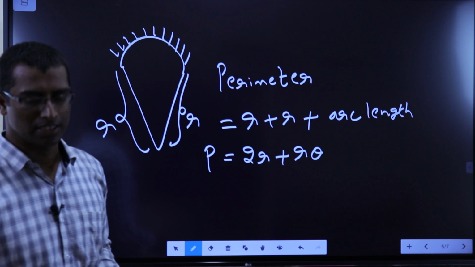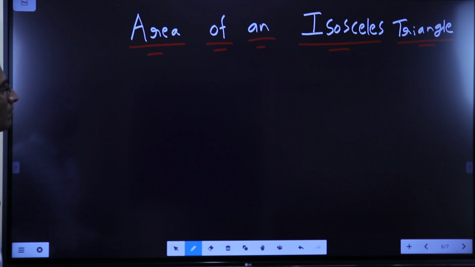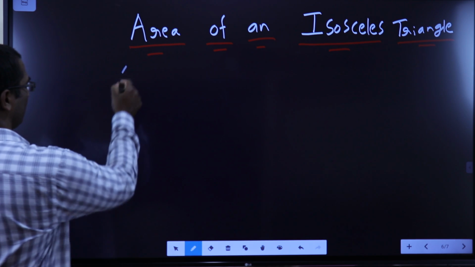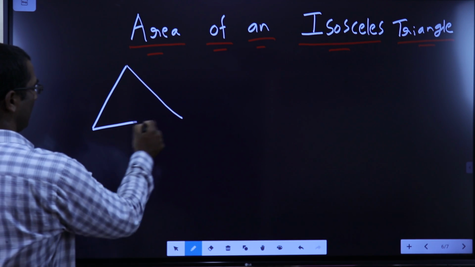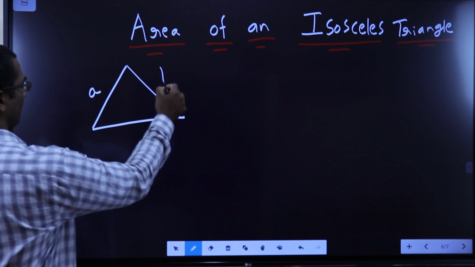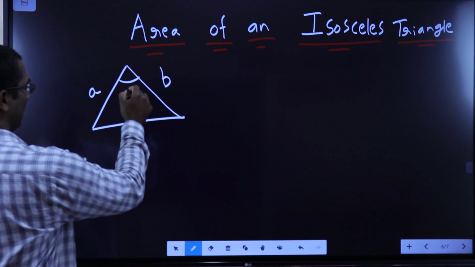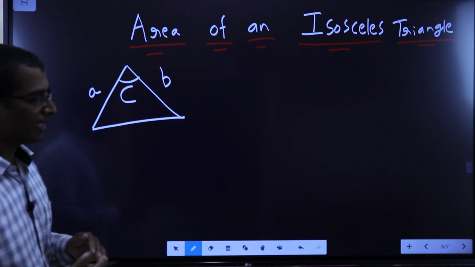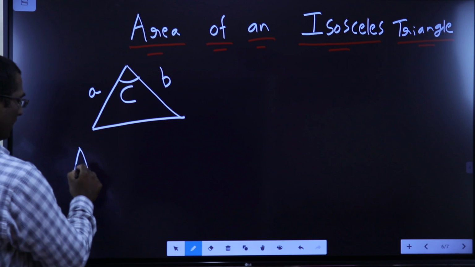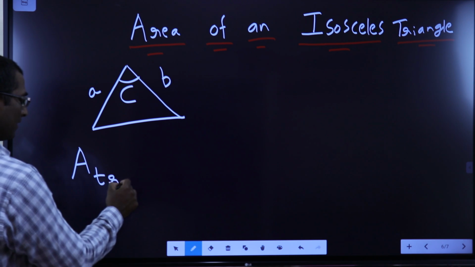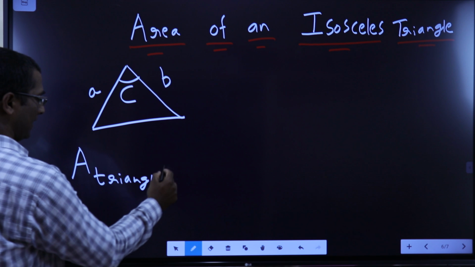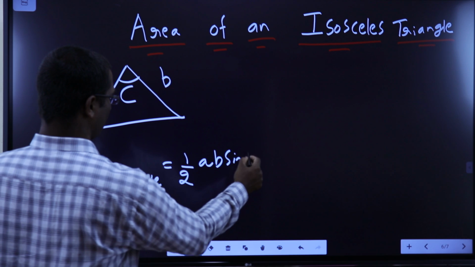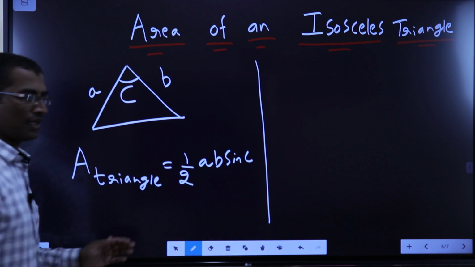Okay. Next one. Area of an isosceles triangle. Let us say this is A, B, and between them I have angle C. So the formula that you learnt in grade 10th is area of any triangle other than 90 is half AB sine C. Correct?